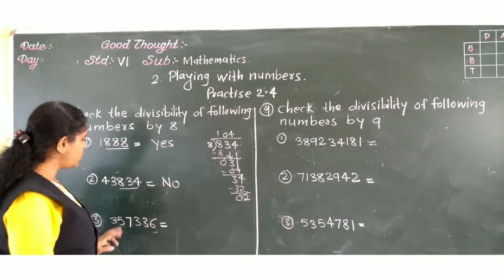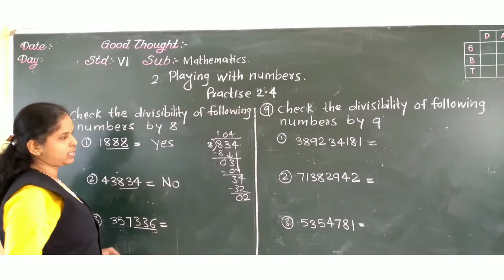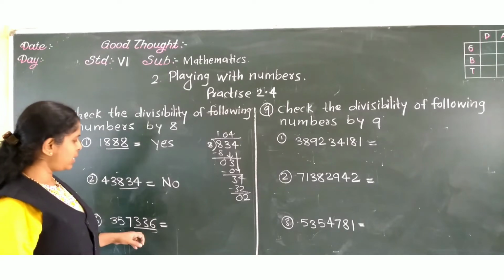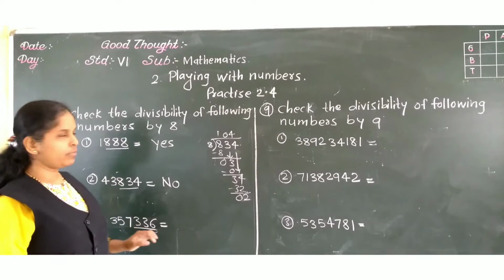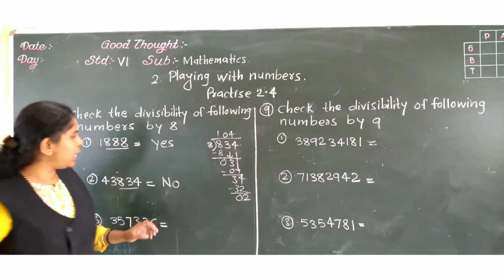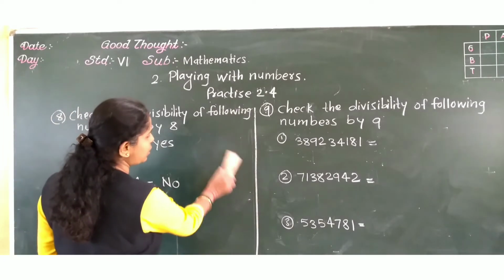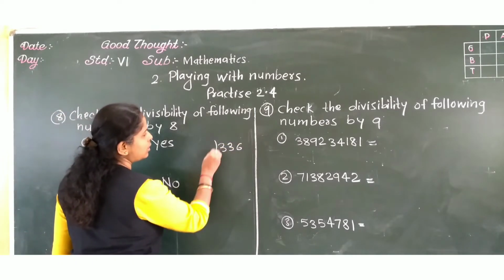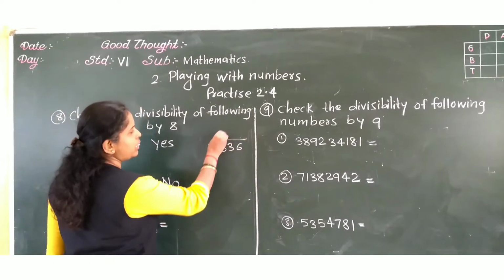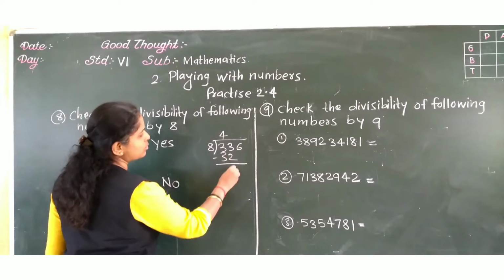Got it? Now see, 336 is there. So we have to check whether we can divide it by 8 or not. So actual division we will do. Last 3 digits 336 divided by 8. 8 fours are 32.